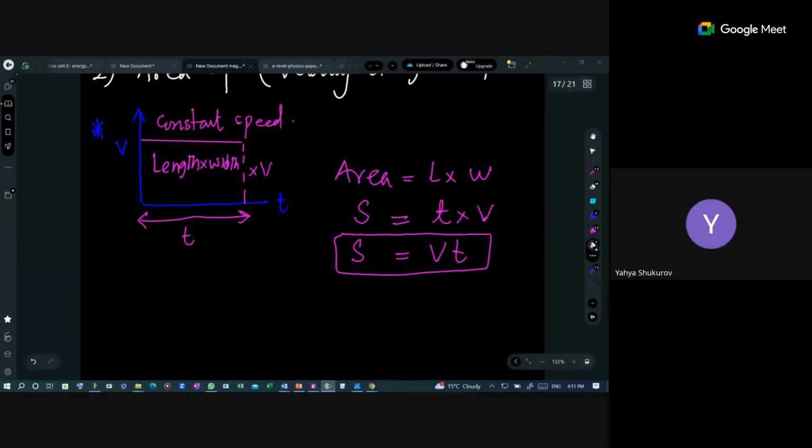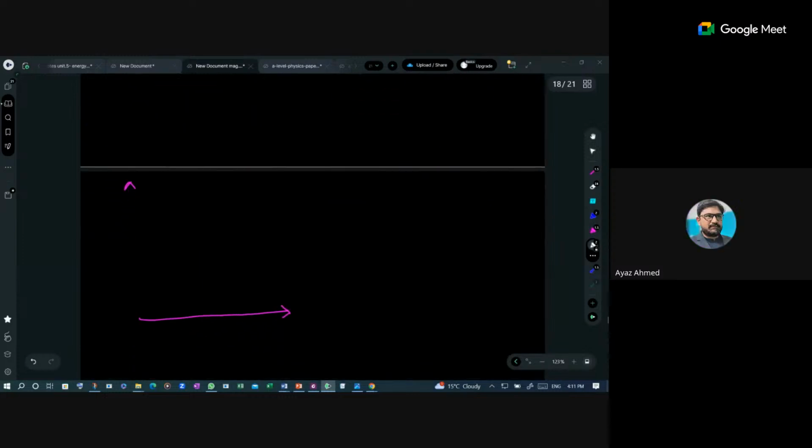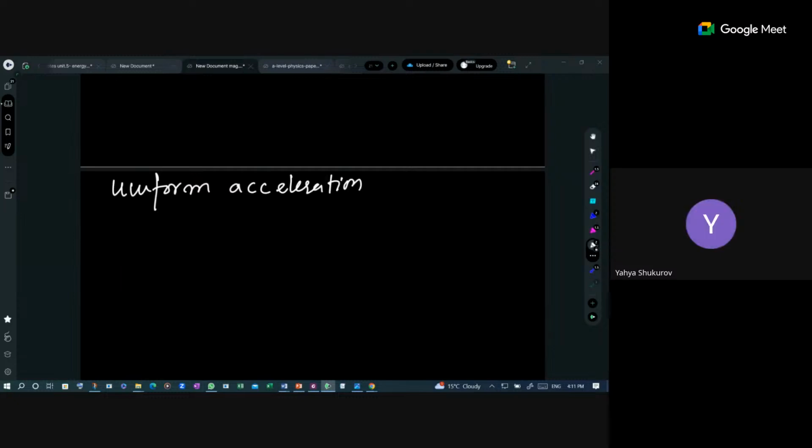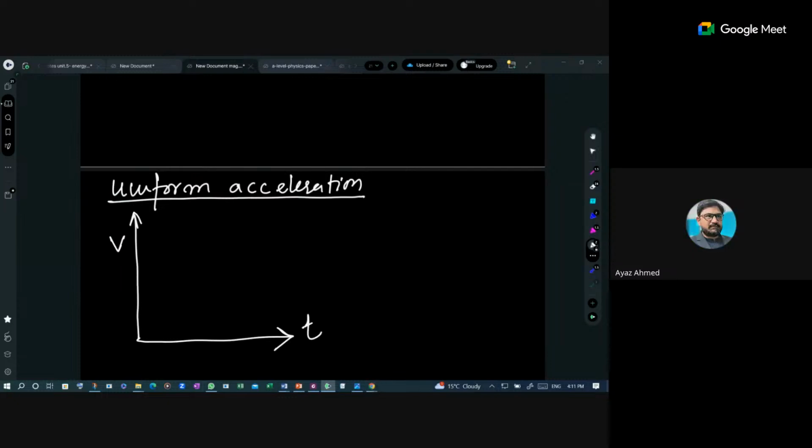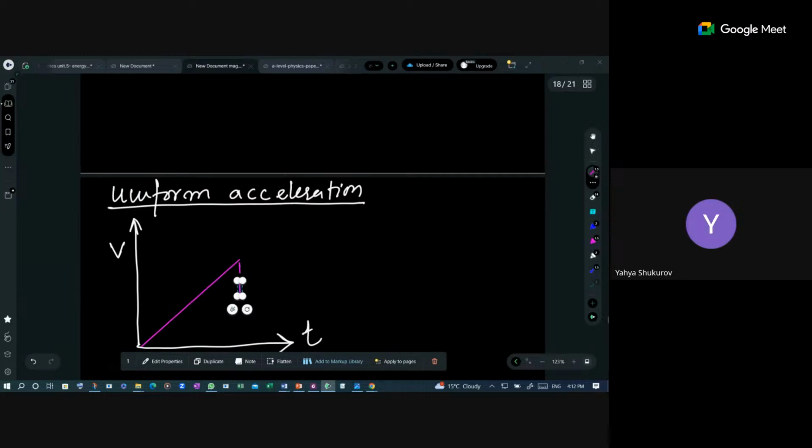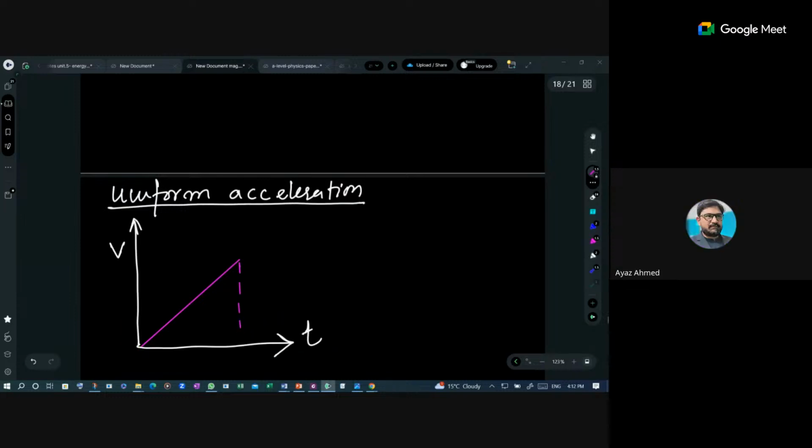Now if I have a uniform acceleration graph, uniform acceleration I will explain later, but here I'm just going to show that this is increasing velocity. So in an increasing velocity graph, you must have a triangular portion below the graph, like this.